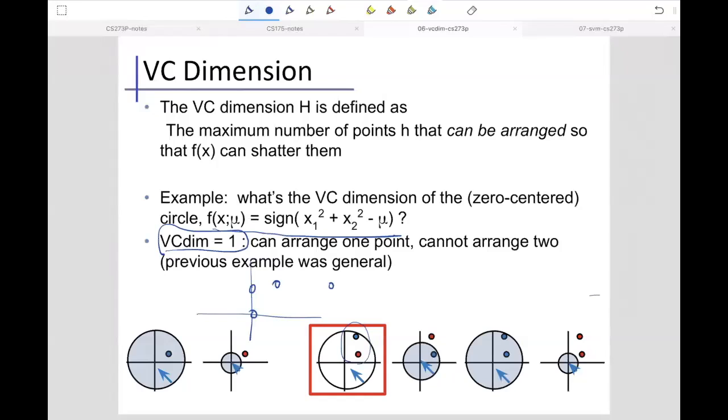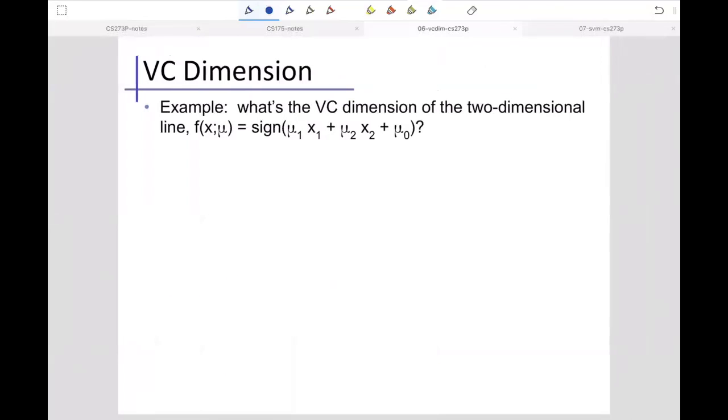So now let's go back to the linear models. What is the VC dimension for this model here? All right, so what we concluded so far is this. For 2 data points, in the previous example, we showed that this classifier can shatter 2 data points.